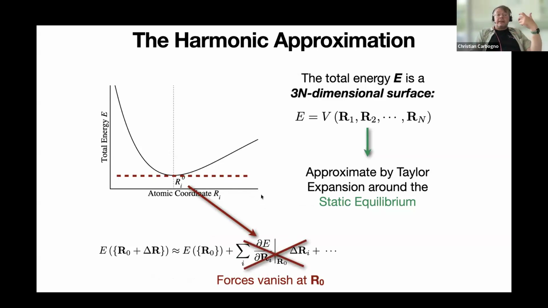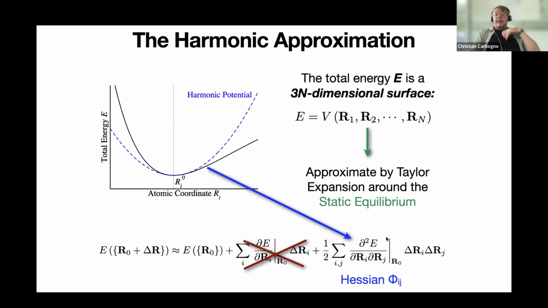So we have to go to the next term to get a non-trivial expansion. In the next term, we have the second derivative of this potential energy surface with respect to the nuclear positions. And this then gives us basically a parabola.